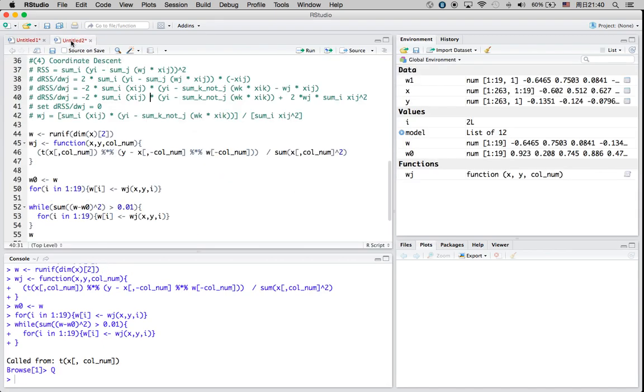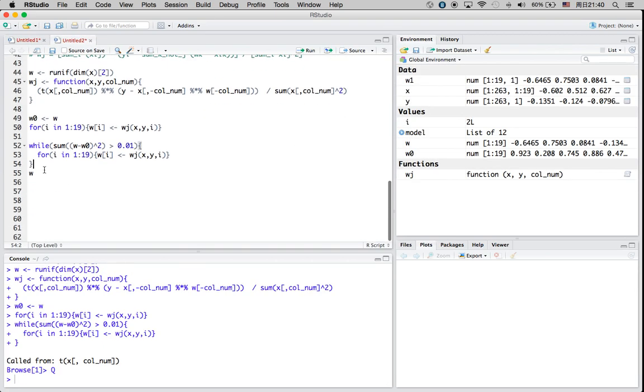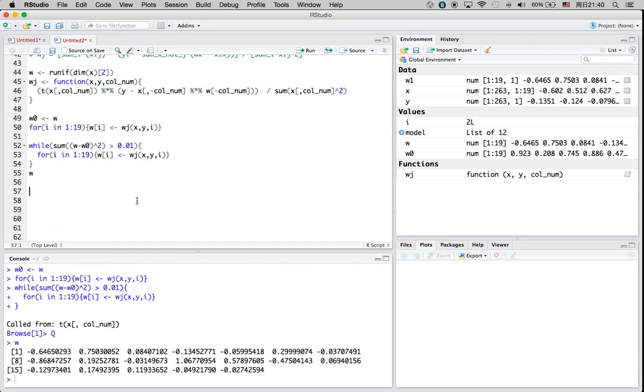and now let's take a look at my coefficient here.